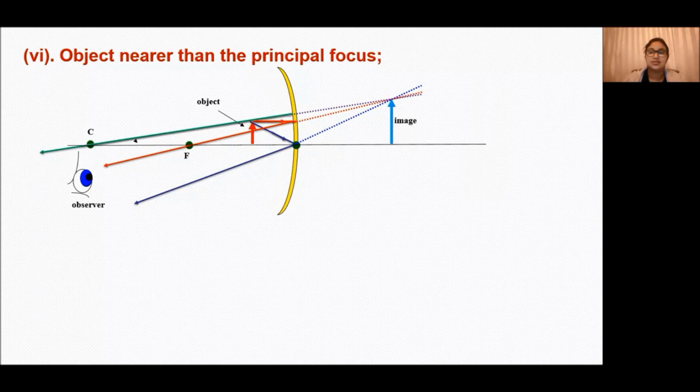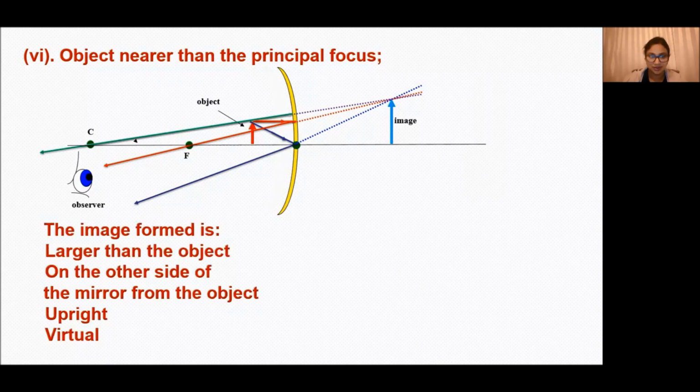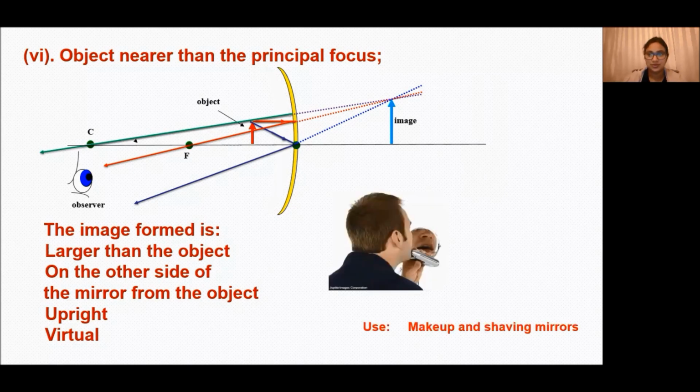It is enlarged, upright and virtual, and it is formed behind the mirror. So usually it is used as makeup and shaving mirrors.